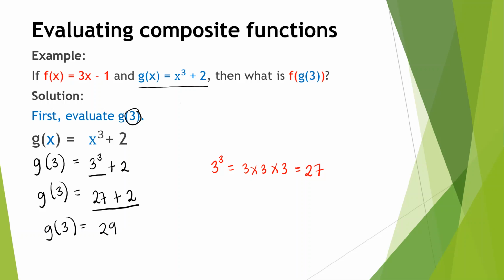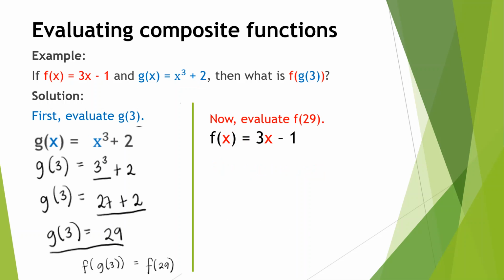Since g of 3 is equal to 29, then f of g of 3 is equal to f of 29. Now let us evaluate f of x. Note that f of x is equal to 3x minus 1. Let us substitute x with 29.